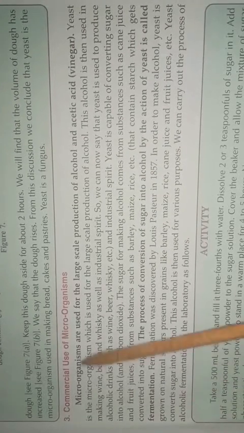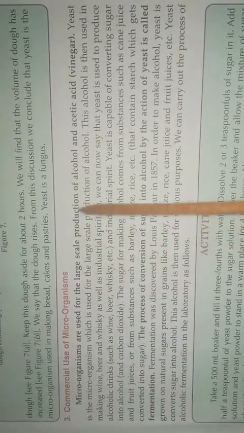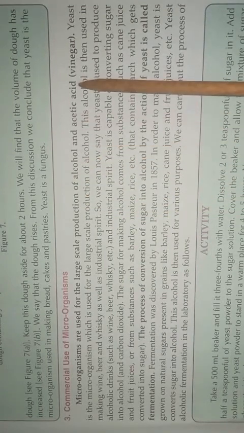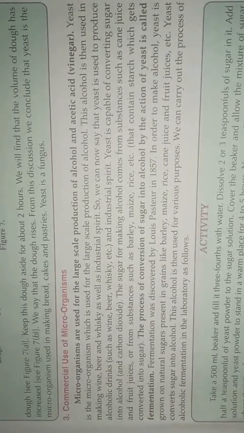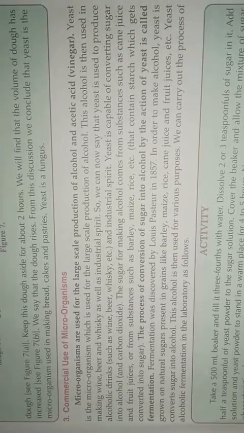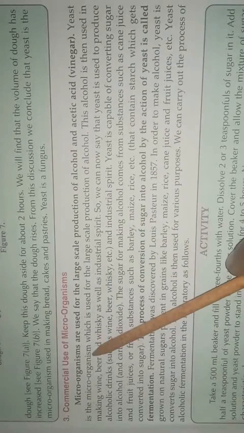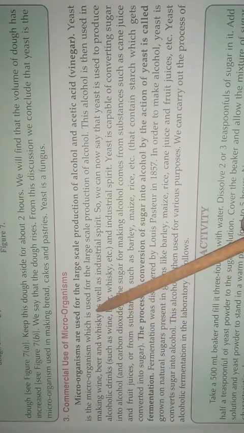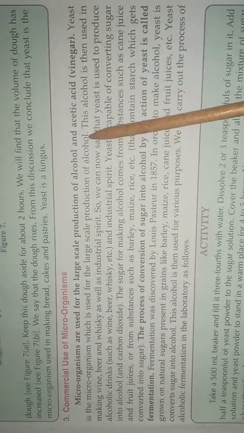Now see, microorganisms are used for the large scale production of alcohol and acetic acid, like vinegar. Yeast is the microorganism which is used for the large scale production of alcohol.